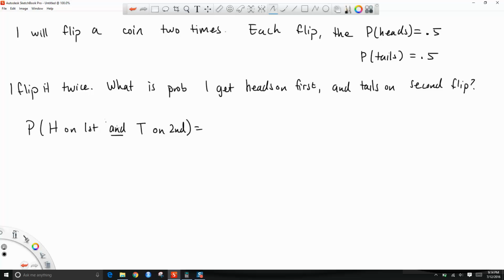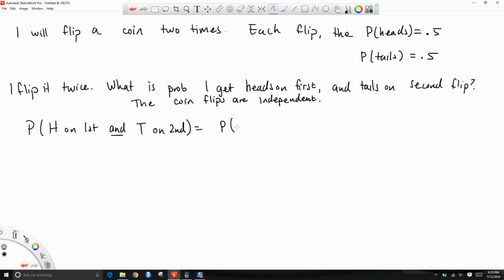Okay, and because it's an and, all right, we can use the multiplication, and the 2 coin flips are independent, right? So the outcome on the first flip has no influence on the outcome of the second flip. So because they're independent, we can just multiply these.